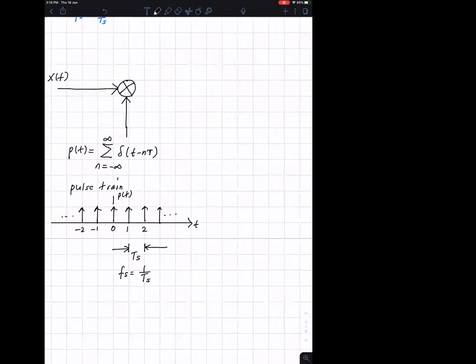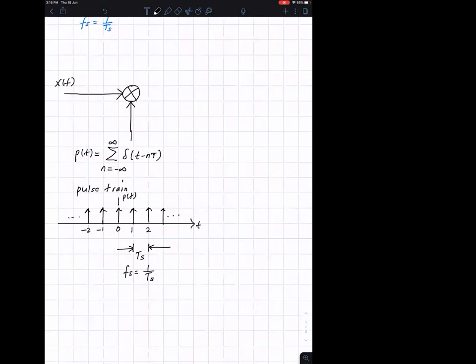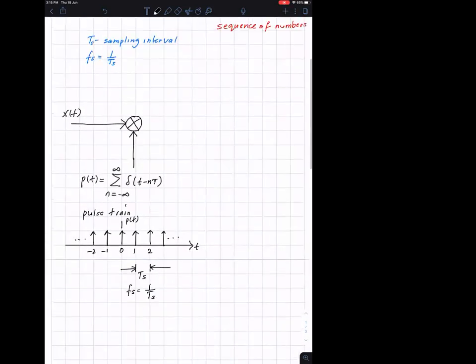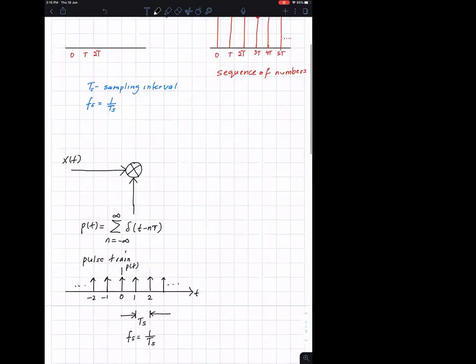The sampling frequency is 1 over Ts. You have a pulse train coming in, and this pulse train is getting multiplied by an analog signal. Let's assume you have a signal x(t).